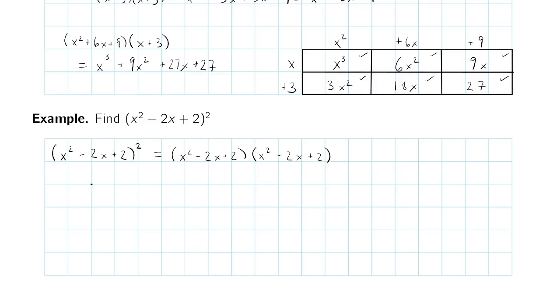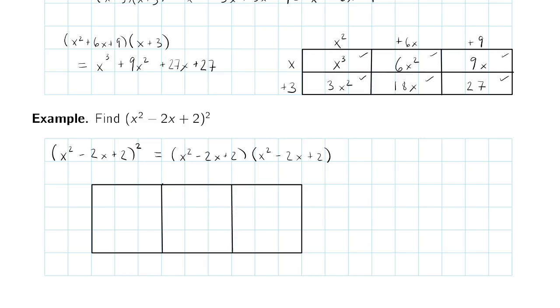We'll want to use the rectangle method for that, and we'll want 3 columns, 3 rows, because we've got 3 terms in each polynomial. Across the top, we'll have x squared minus 2x plus 2. Down the side, we'll have another x squared minus 2x plus 2.